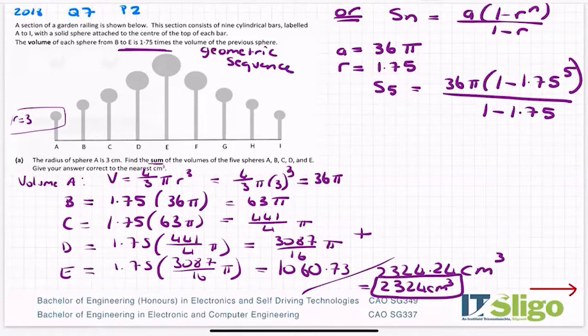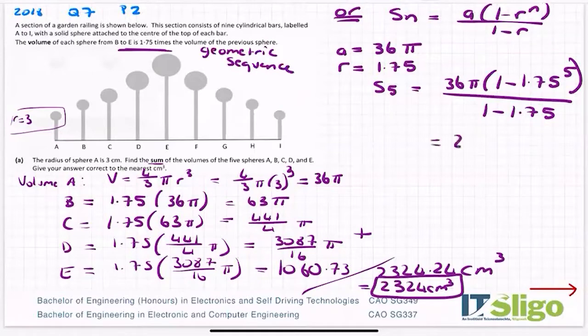So hit the fraction button: 36 pi, bracket, 1 minus 1.75 to the power of 5, close bracket, over 1 minus 1.75.